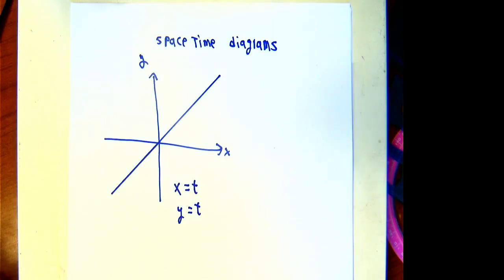It could be that the motion along the straight line y equals x is uniform motion in a straight line. T here is time. dx/dt and dy/dt are both constants, so you're moving at a constant speed.